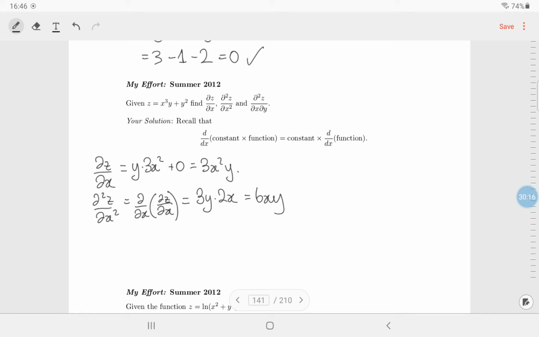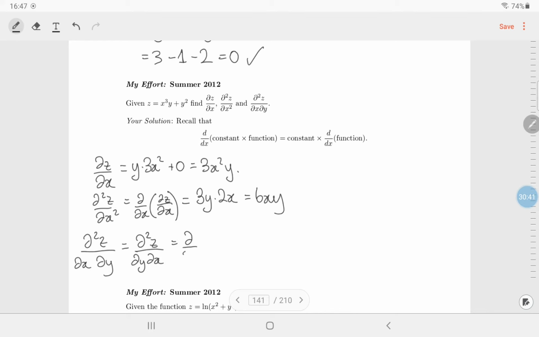Okay, happy days. And now we're going to do the mixed second derivative. If you just differentiate with respect to y again, I'll give you the marks, but I'd like you to be a little bit better. For example, you could go back and differentiate with respect to y and then x, and if that's what you did, happy days. But alternatively, you can use the symmetry of the mixed partial derivatives.